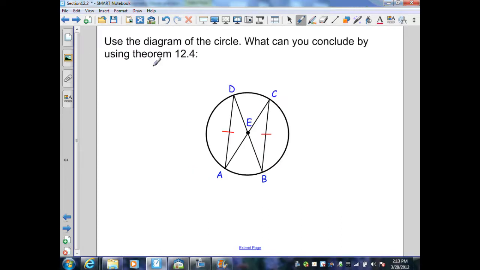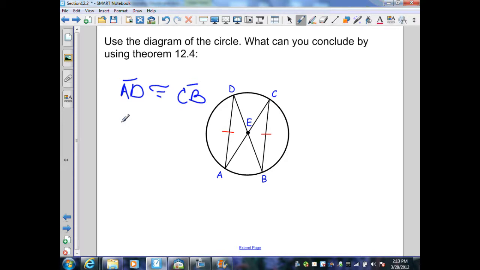What can you conclude by using Theorem 12.4 in the given diagram? In circle E, I'm given two congruent chords. The chords are AD and CB. From Theorem 12.4, I know that congruent chords in congruent circles or the same circle generate congruent intercepted arcs.